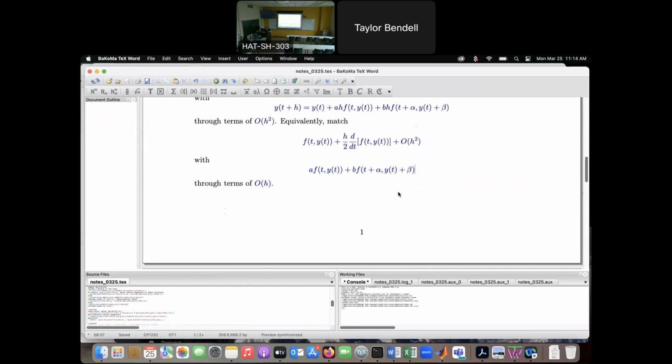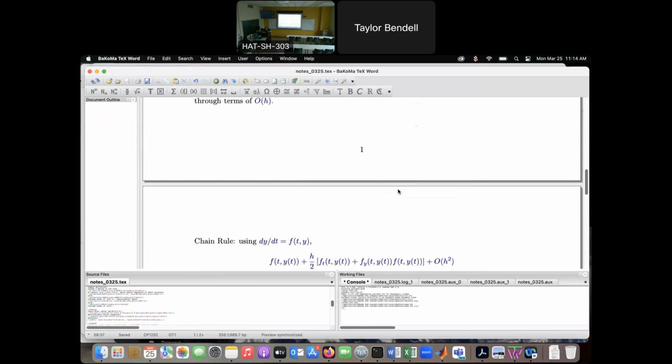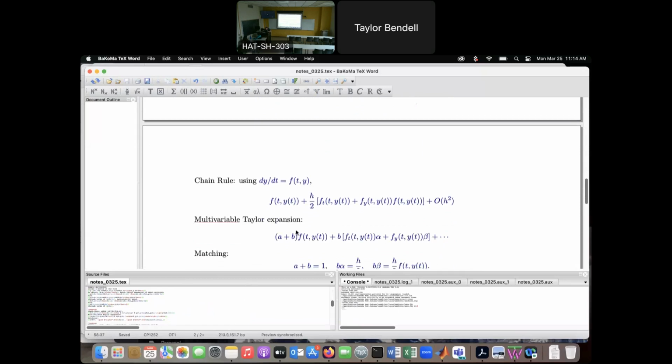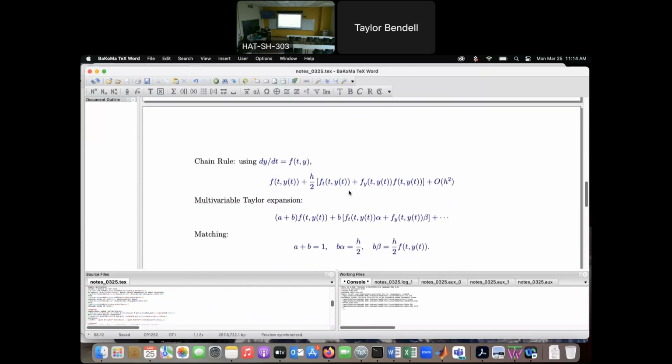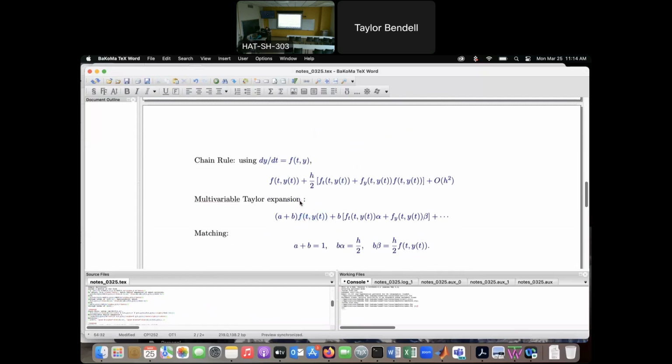So what I end up with is, okay, this part stays the same, and then I have b times my multivariable Taylor expansion. The first term is just going to be f of t, y of t, which is the center of my multivariable Taylor expansion.